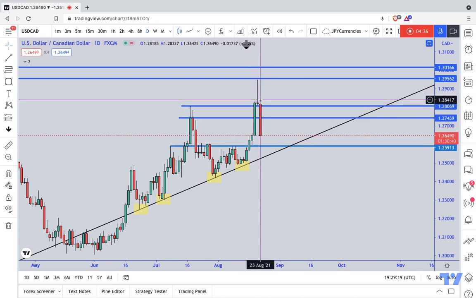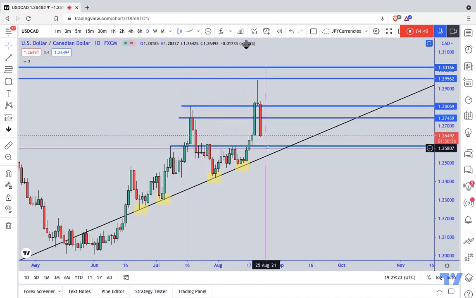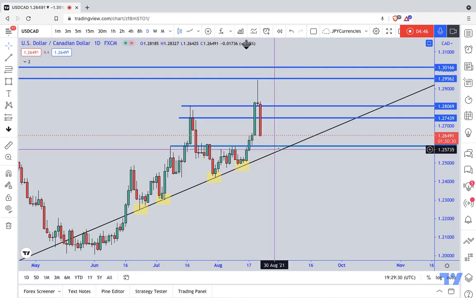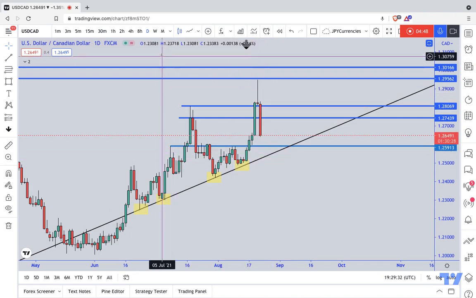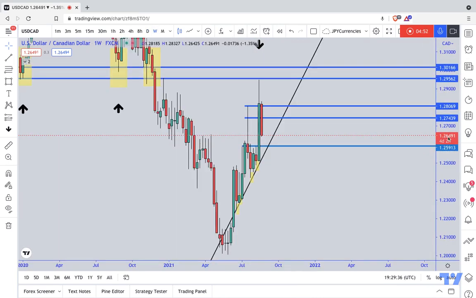It's not going to be as massive as this, due to this very strong support close by, and even approaching this trend line.